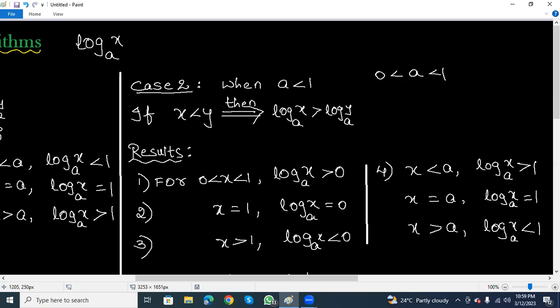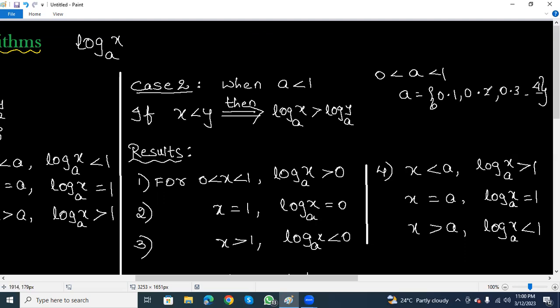So here, when you are comparing two numbers, if x is less than y, then log x is greater than log y. The base values are like 0.1, 0.2, 0.3, and so on, less than 1.